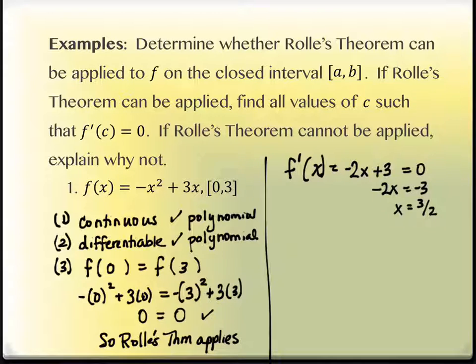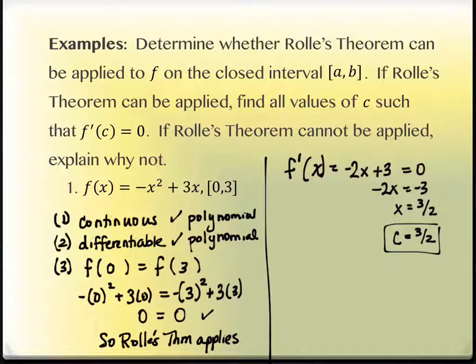Does it have to be directly between? No, it does not have to be halfway. And in fact, most of the time it won't be. This one is because it's a parabola and it's symmetric, but most functions won't have that symmetry involved. All right, so is this value between? Yes, it is. So this is the C value that I was looking for. So C is equal to 3/2.